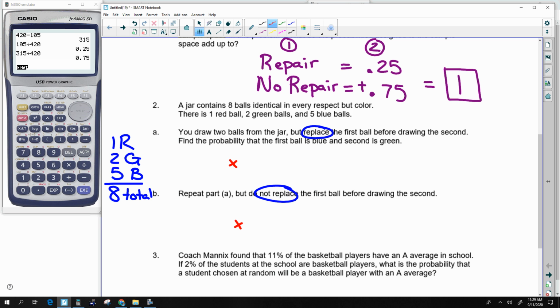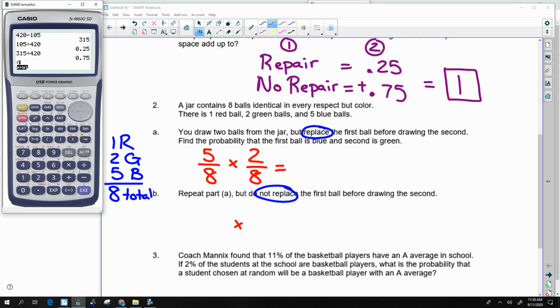However, take note of when the probabilities change or don't change. The first one is a blue and then a green. The blue is 5 out of 8, which would bump that to a 4 and a 7. But then I put it back, which replenishes the numbers.